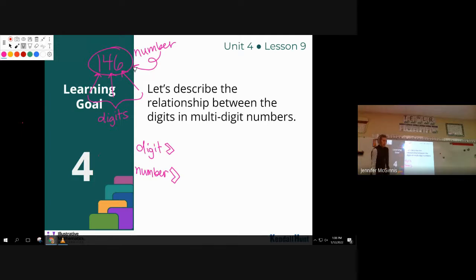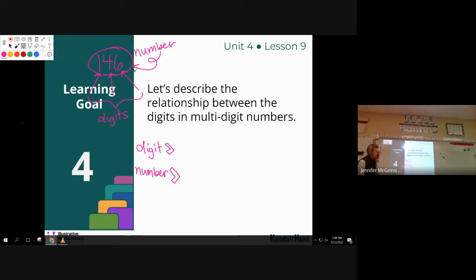How do we explain that in words? We didn't really say that in words. We just drew a diagram, which you know I'm all about the diagram. That's fine. But what does that mean? Can we make it in words? Charles? 147 is a number because you can just say it as a whole word.